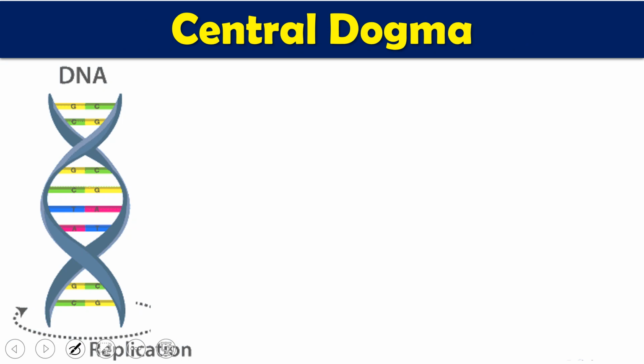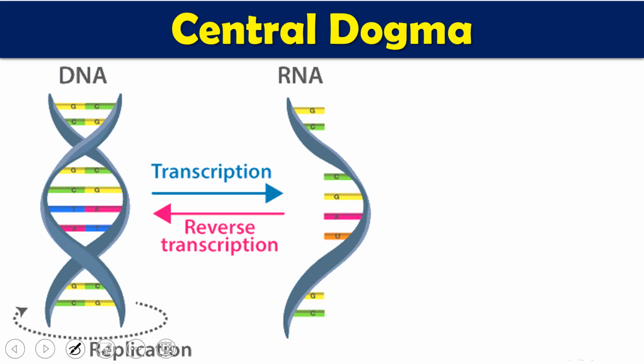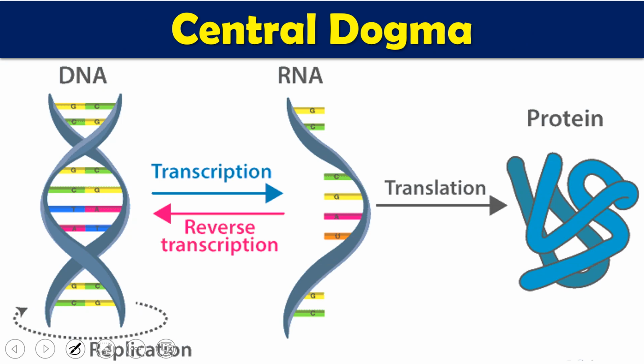So DNA gives us proteins. First DNA gives messenger RNA, which carries the message, the information, which gives me proteins. So DNA gives us RNA through the transcription process, and RNA gives us proteins through the translation process.